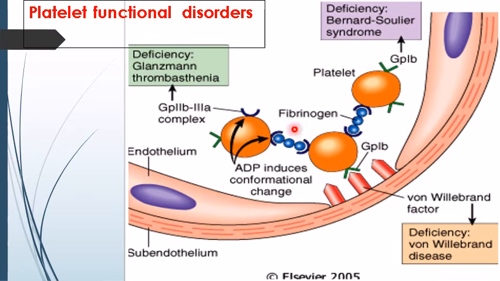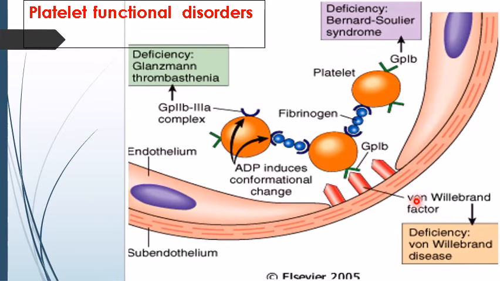There is another protein called glycoprotein 2b3a that is responsible for platelet aggregation, that is to say, platelet to platelet attachment. When we have a defect in this protein receptor, we will have functional platelet disorders, and the disease is called Glanzmann thrombasthenia.